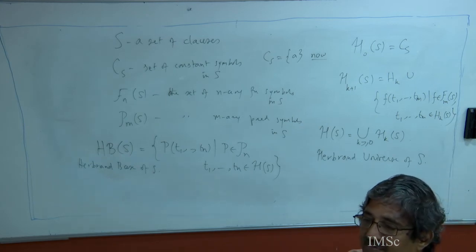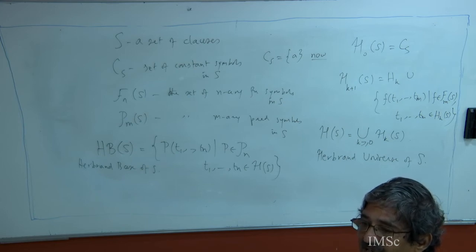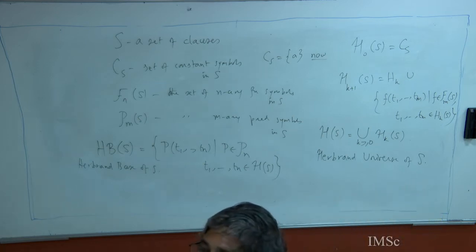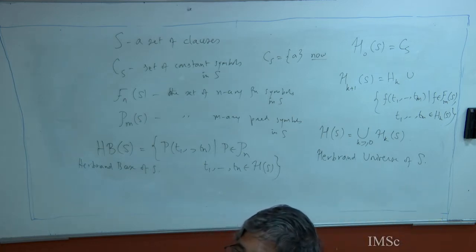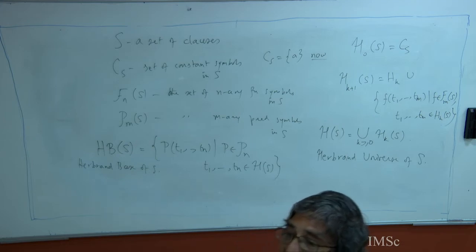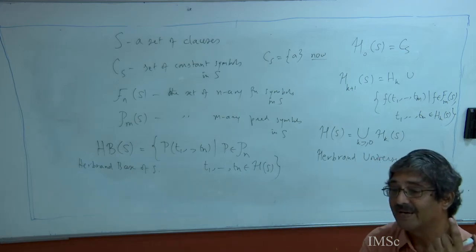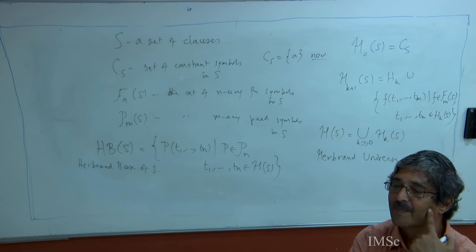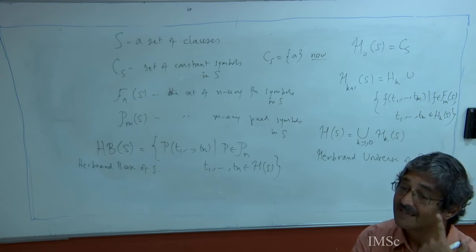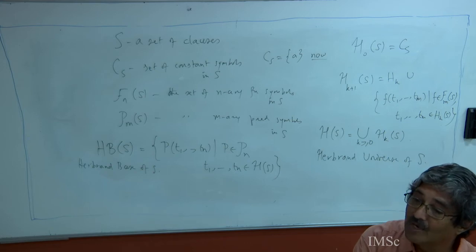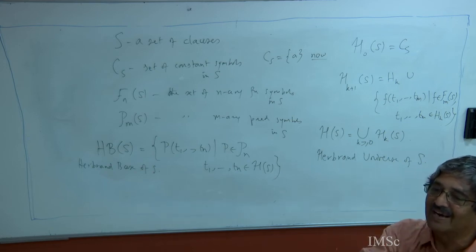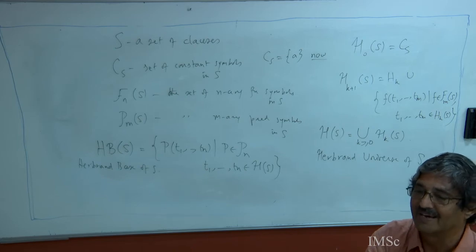When is the Herbrand universe of S finite? You have only constant symbols. And when would that happen? If your clausal form had only constant symbols, there would have been only outermost existential quantifiers, never any existential quantifier in the scope of a universal quantifier.